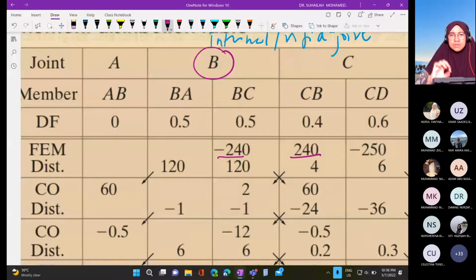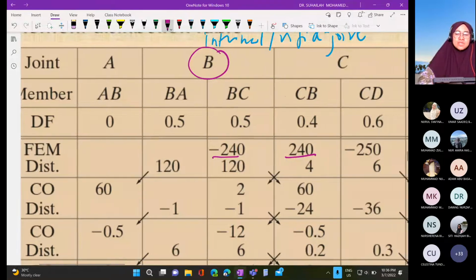Okay, kita totalkan moment kali dengan distribution factor, tukar sign, letak dekat situ 120. Actually, apa yang kita distribute is positive 240. Sebab joint moment is positive 240. Dekat sini.